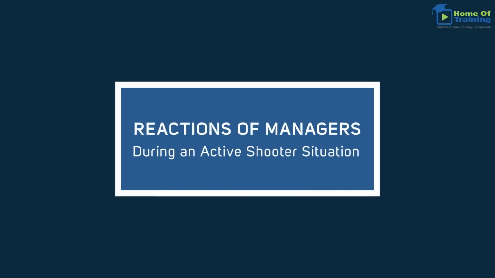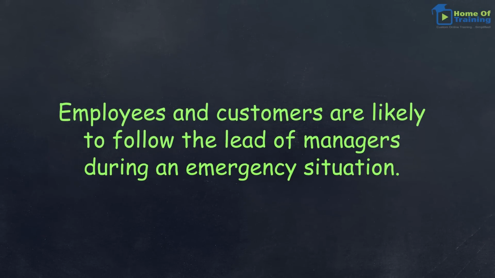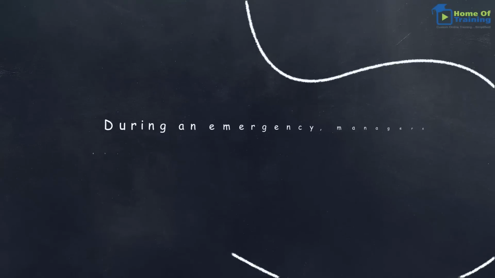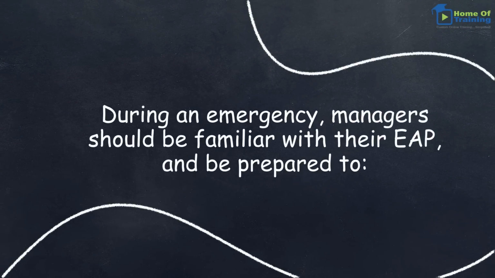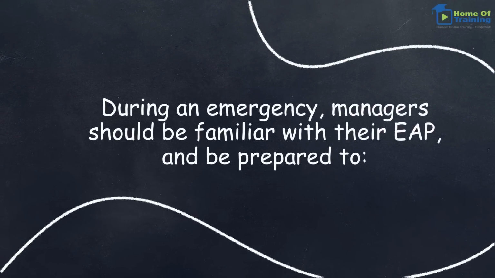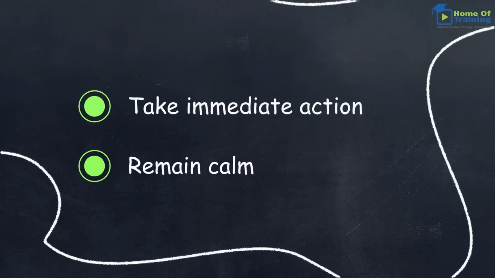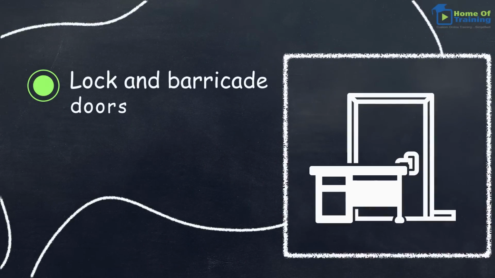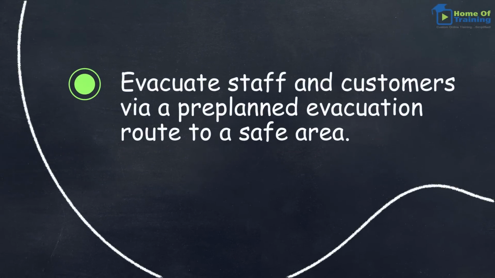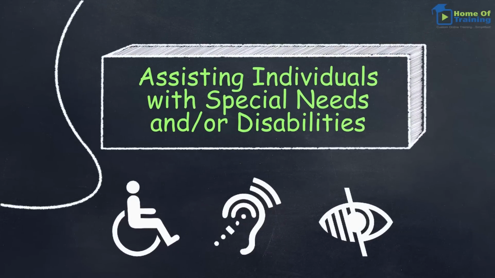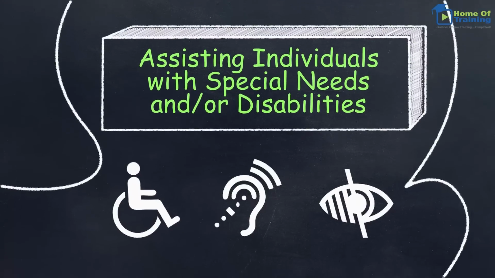Reactions of managers during an active shooter situation. Employees and customers are likely to follow the lead of managers during an emergency situation. During an emergency, managers should be familiar with their EAP and be prepared to take immediate action, remain calm, lock and barricade doors, evacuate staff and customers via a pre-planned evacuation route to a safe area, assisting individuals with special needs and/or disabilities.